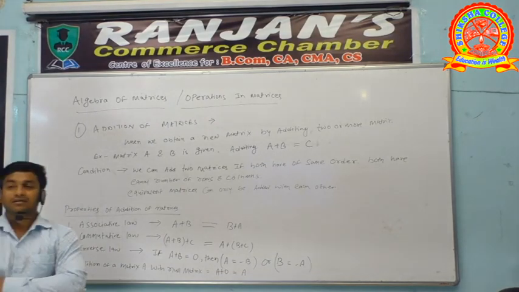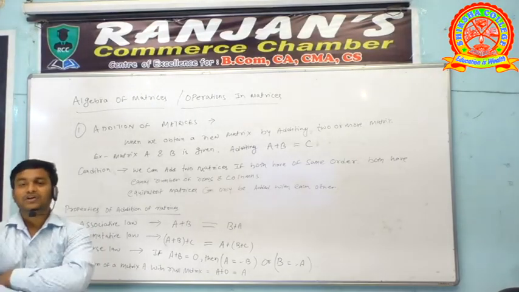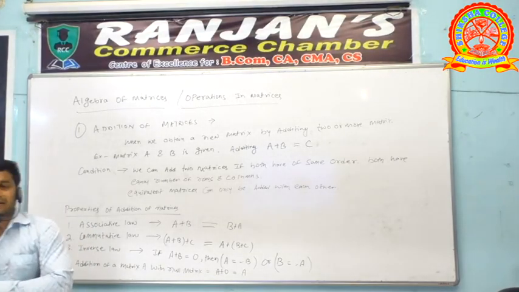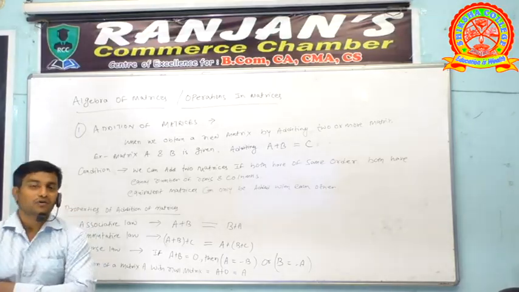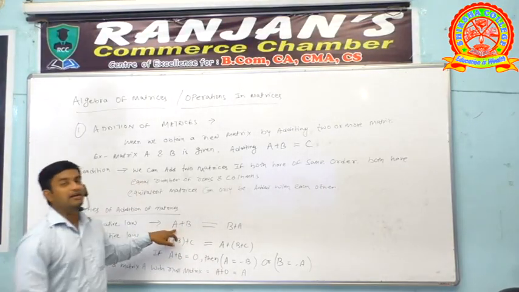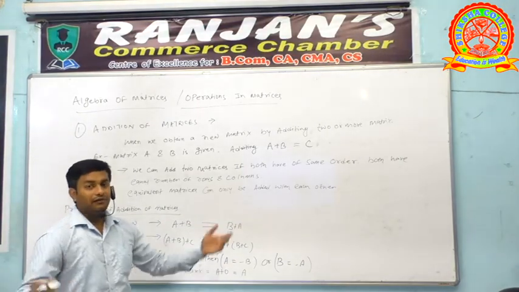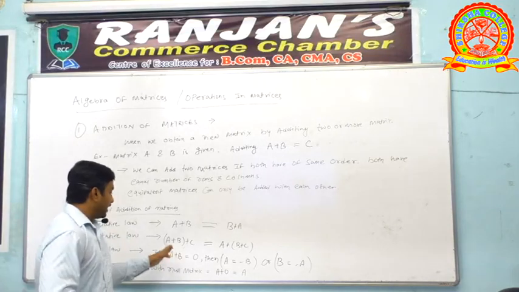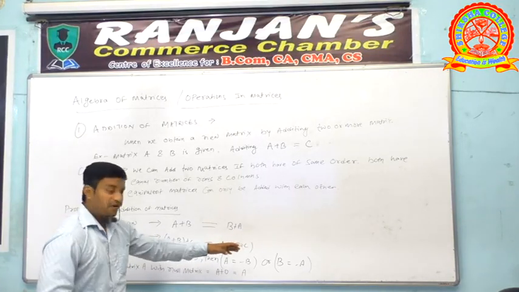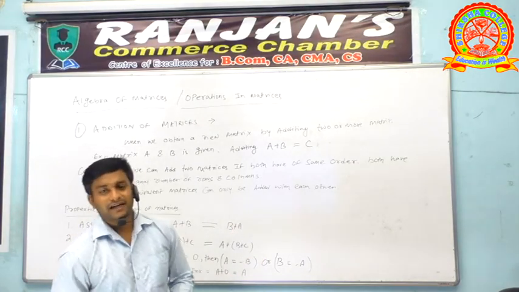I think you must be able to do it yourself, and I am not required to do it here. The example that I used to take, A, B, then B, A, we derive the same result, A, B, C, and A equals minus B, B equals minus A, that we definitely derive.